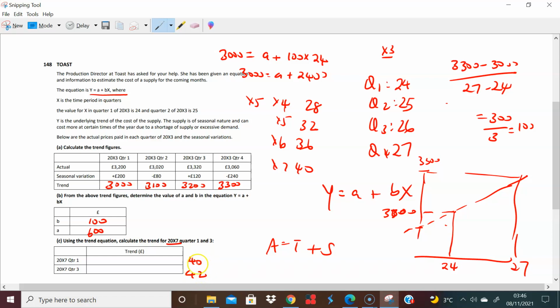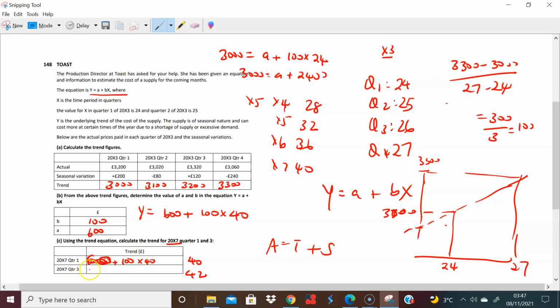It's a straight line trend, we're assuming. And so therefore, I literally plug these figures in again, because now I have my A and B. I know that Y is equal to A, which is 600, plus B, which is 100, times X, which is, in this case, 40. So I have here 600 plus 100 times 40.